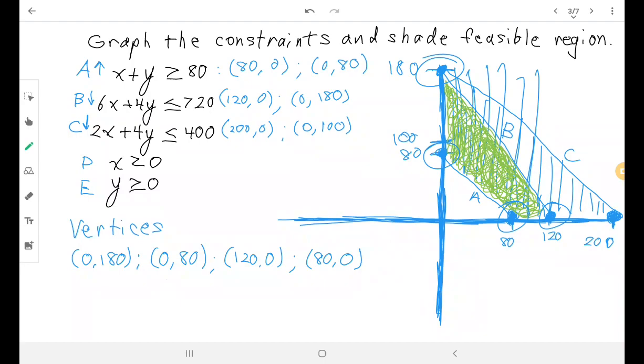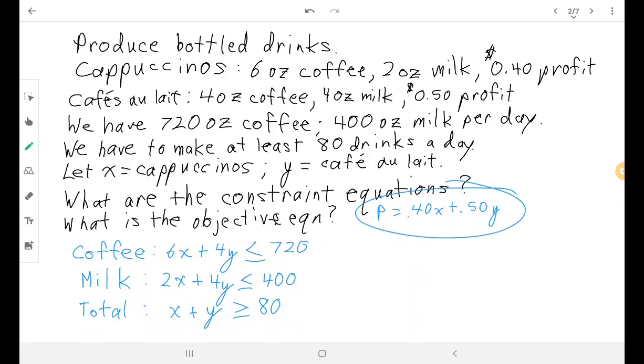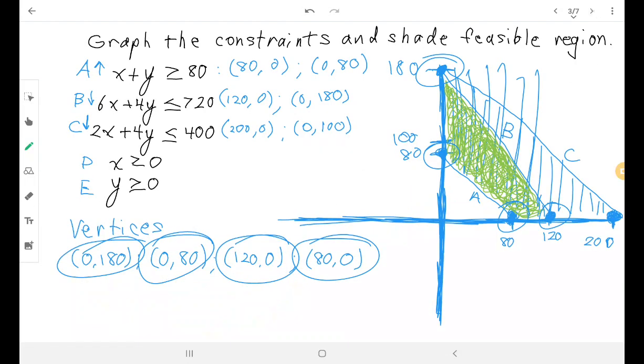There's an exceptionally long proof for it, but it is true that the vertices are where you maximize and minimize that profit equation. And so what you would do, and we'll do this in a later problem, is you would put the x and y from each of these into this profit equation here, and one of those four will give you the most profit, which just by glancing at it, you should see that it's the first one.